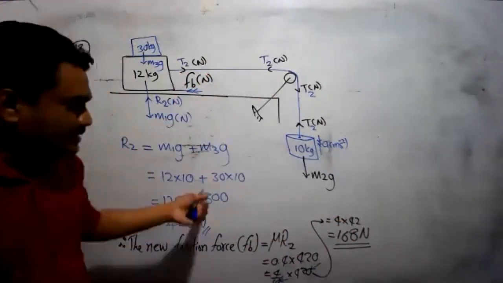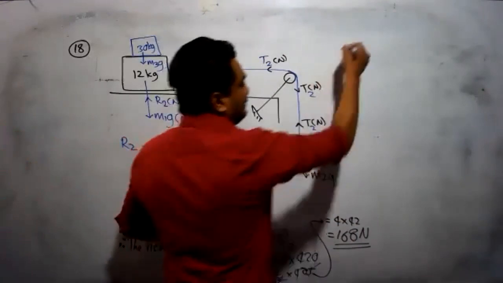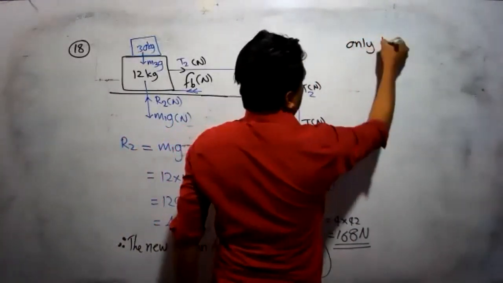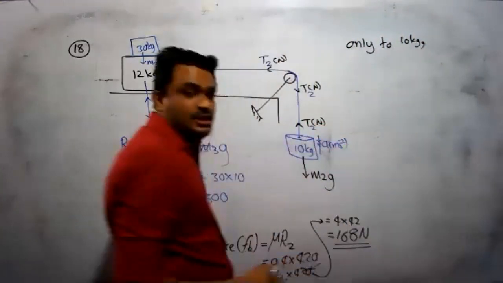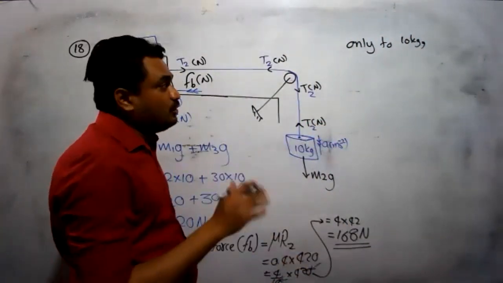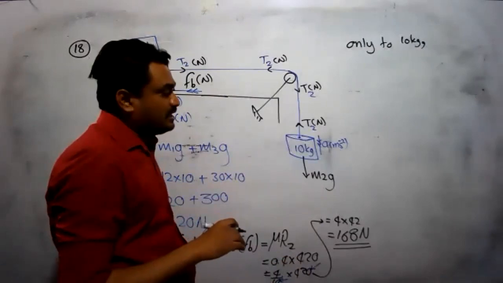48 Newton. Right, now we do the same thing as earlier, only to the 10 kg object. I'm not giving you the MCQ method, I'm giving you the essay questions method here.